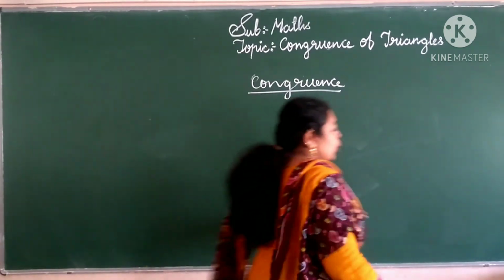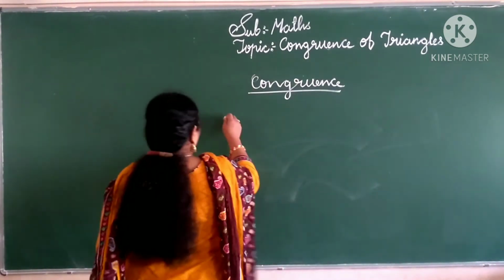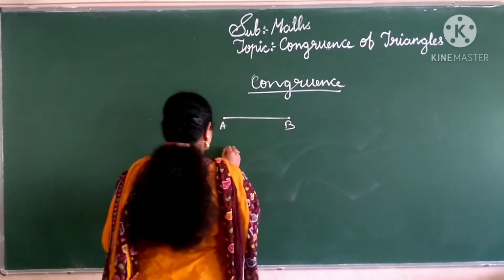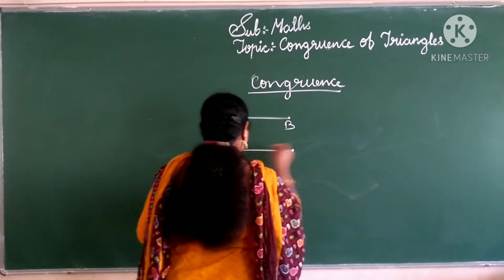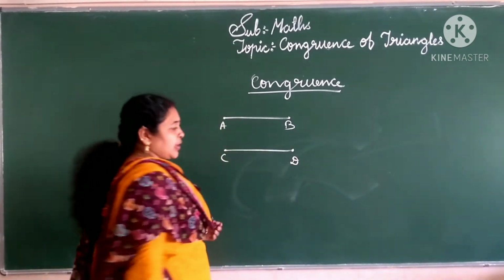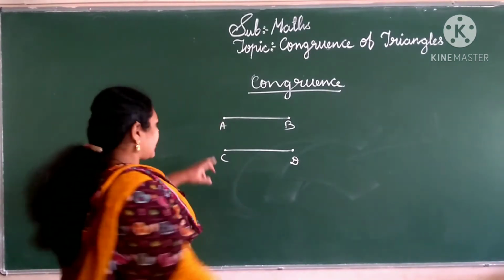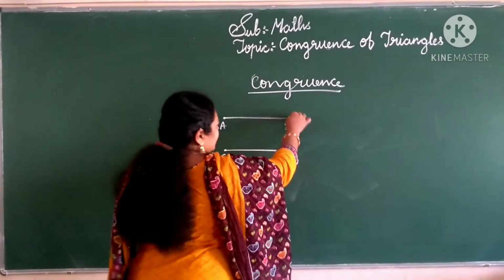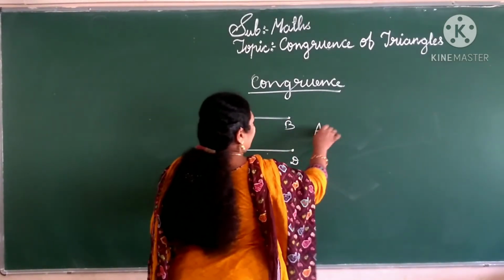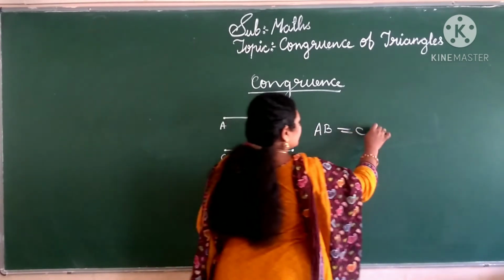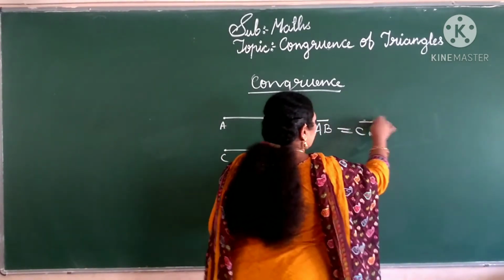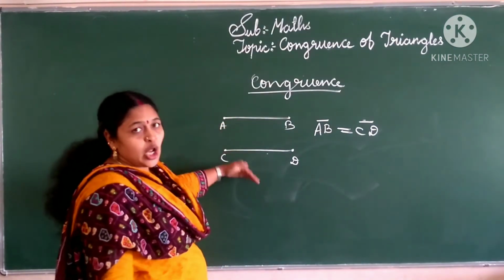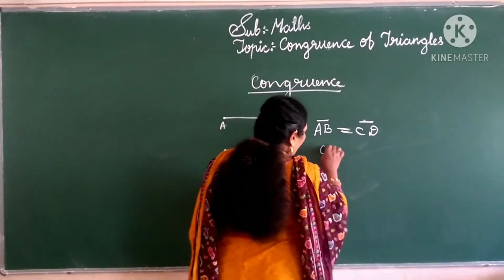Now when it comes to maths, let us take two line segments, AB and CD. If you take a scale, we can check by observation. Here we will say line segment AB is equal to line segment CD. Now, when these two are equal, obviously they are congruent.